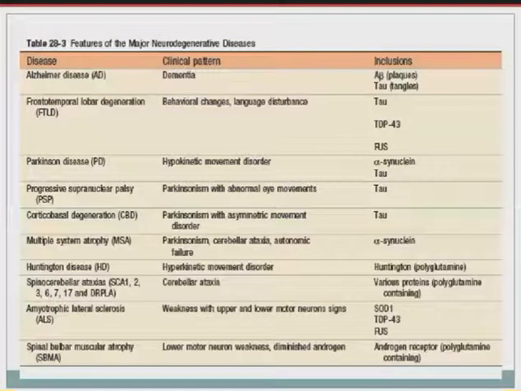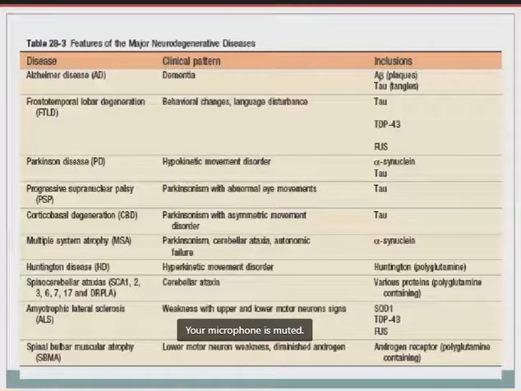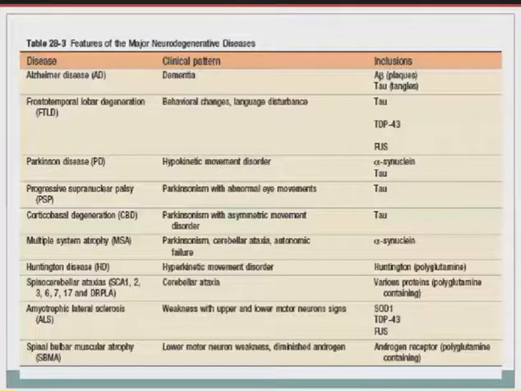In these cases, the patient has Parkinsonism with no abnormal eye movements. The term is corticobasal degeneration: there is Parkinsonism with asymmetric movement disorder. In multiple system atrophy, there is Parkinsonism, cerebellar ataxia, and autonomic failure.